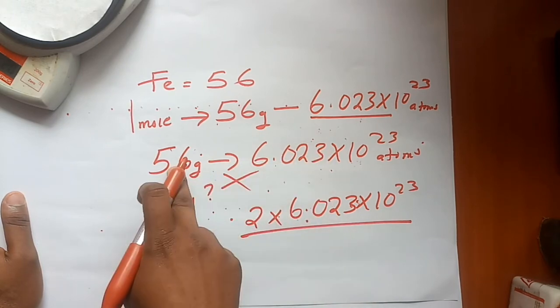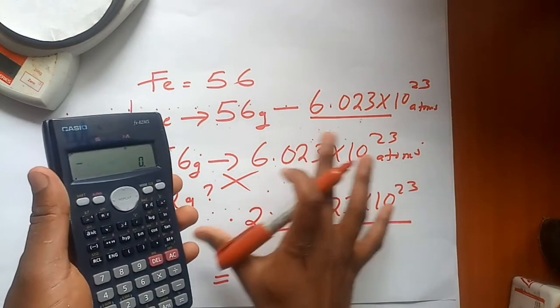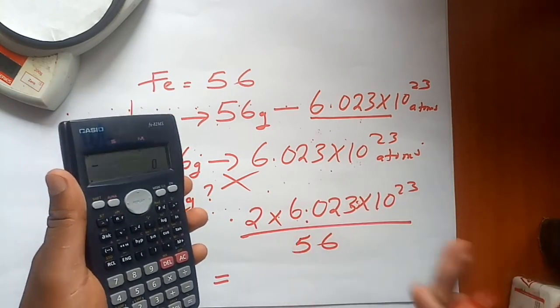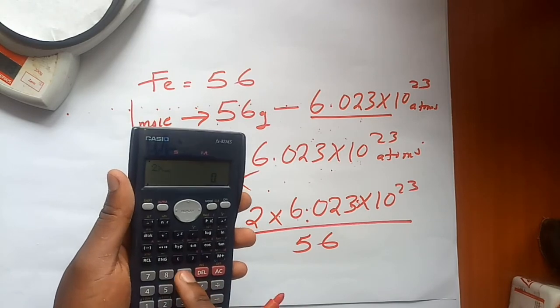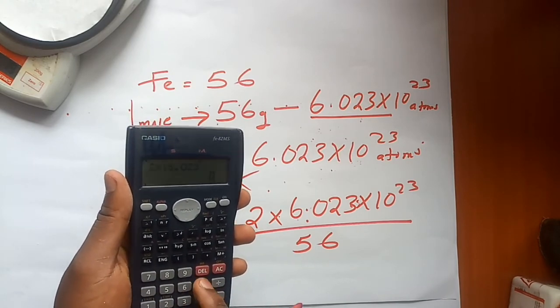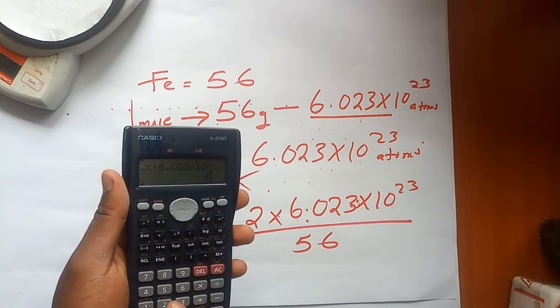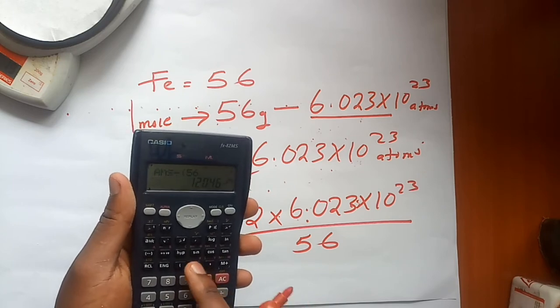Multiply this by this, divide by this. So you put the values directly into your calculator and do your calculation. 2 times 6.023 times 10 to the power of 23, and that one you divide by 56.